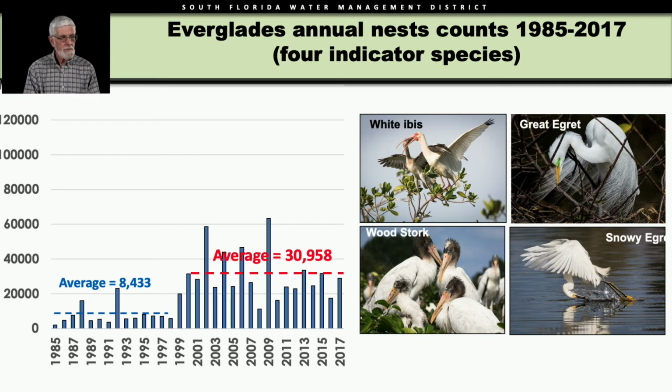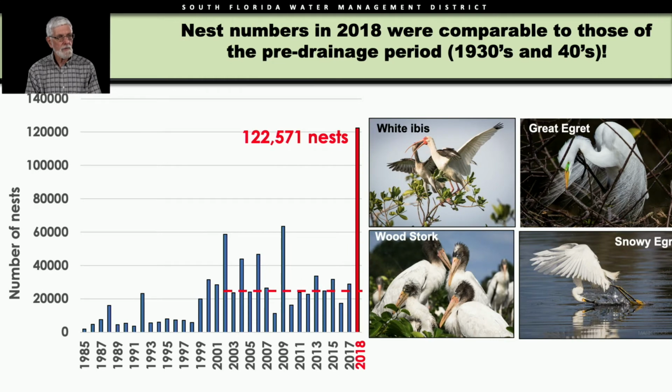Then there was a shift in water management and a shift in rainfall extent. We went into a wetter period, and that produced almost 31,000 nests on average. And then a miracle happened. In 2018, 122,000 nests, equivalent to the type of supercolonies that existed in the 1930s and 1940s.